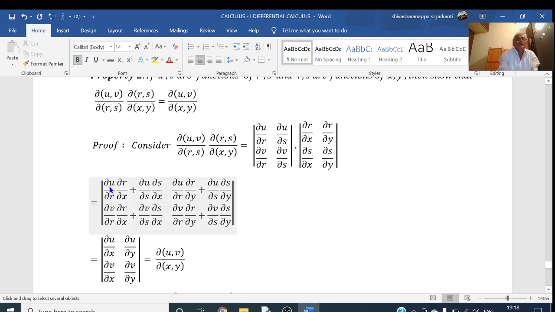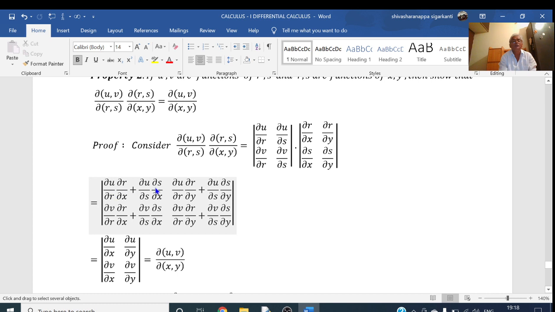See here, u is a function of r and s, so we are differentiating u with respect to r and s here. And r and s are functions of x and y. This term is nothing but ∂u/∂x, the differentiation of u with respect to x partially.